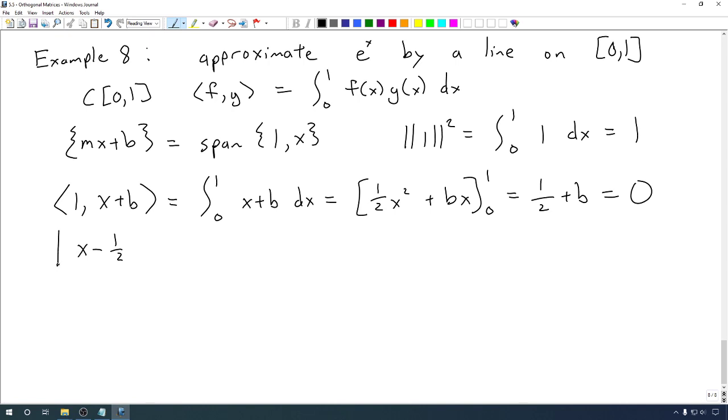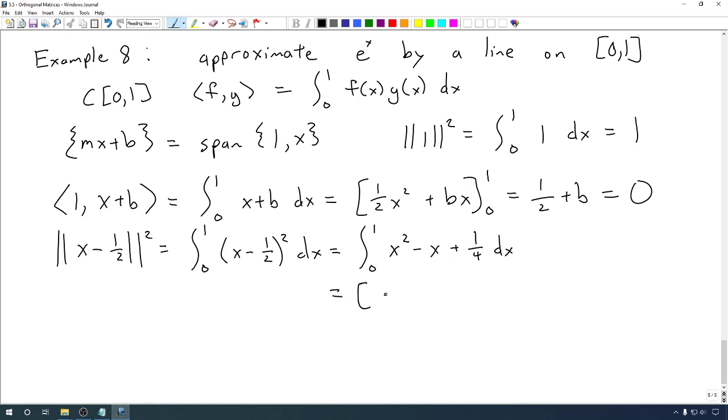What is its magnitude? Or magnitude squared. So magnitude squared is the inner product of it with itself, which just basically means that we're taking the integral of x minus 1/2 squared. Now this one is a little bit more involved because we have to expand this out. We have x squared minus x plus 1/4.